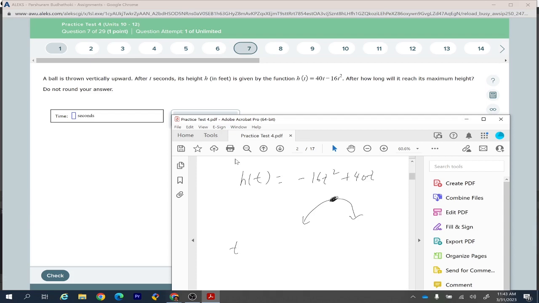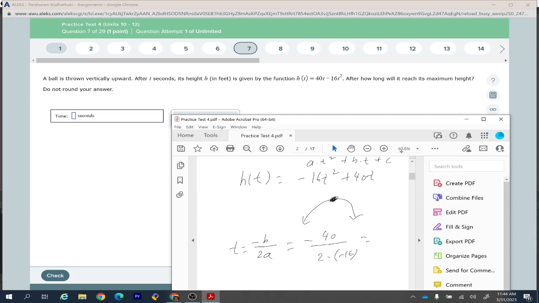So you want to find out after what time the ball reaches the maximum height, which can be found by using this formula for the x coordinate of this point, which is -b over 2a. If you write this down as a times t squared plus b times t plus c, in this case, b is 40 and a is -16.